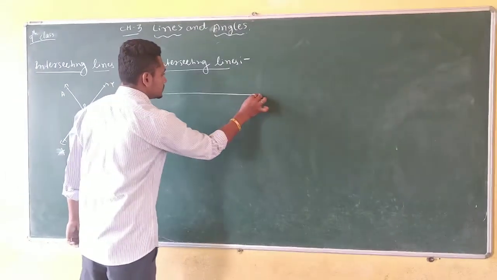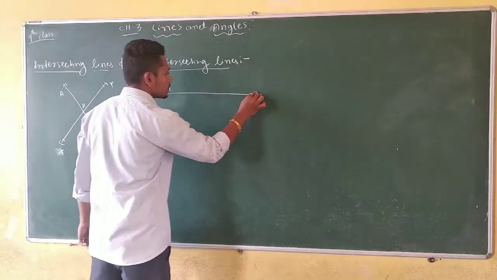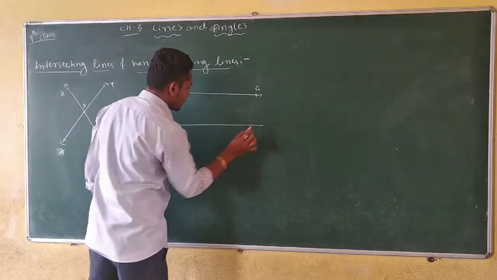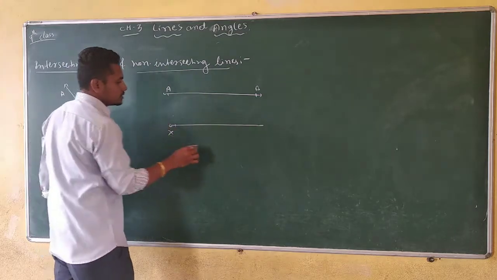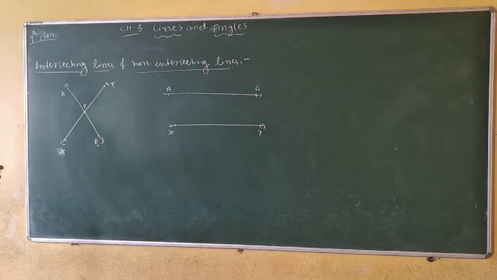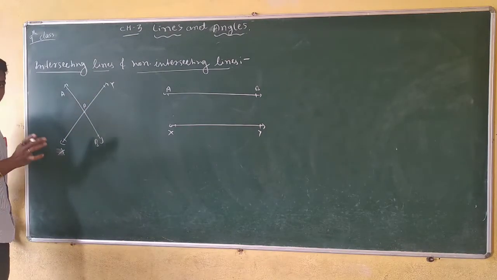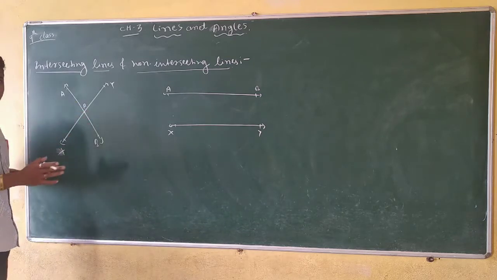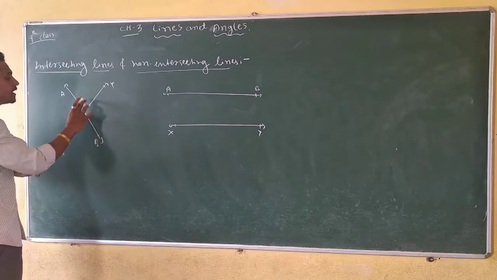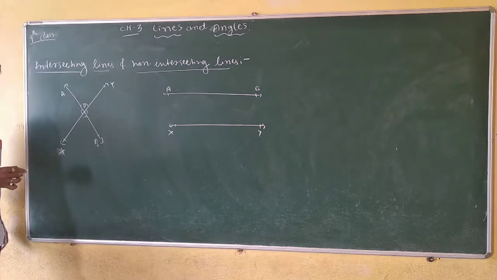Now draw two non-intersecting lines. This is AB and another line is XY. Now see here, when two lines intersect, they make angles.